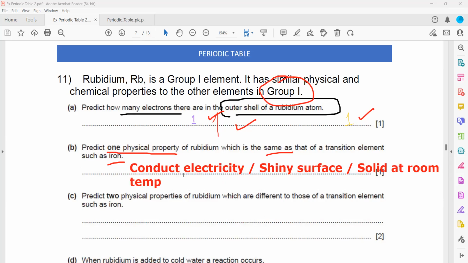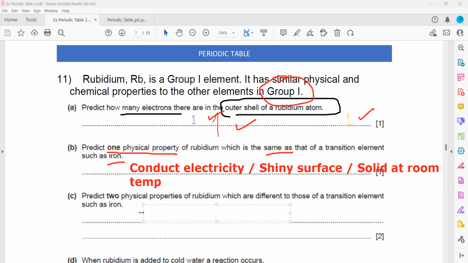Predict two physical properties of rubidium which are different from transition element. Now we want differences. So what could be the two different physical properties? Low density for rubidium and high density for transition element. Yeah.